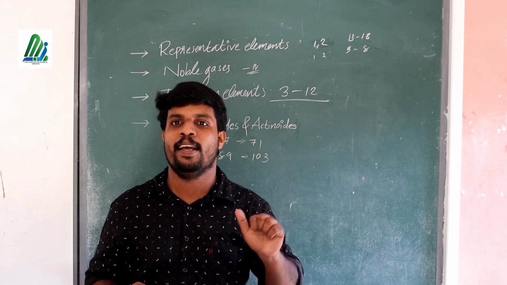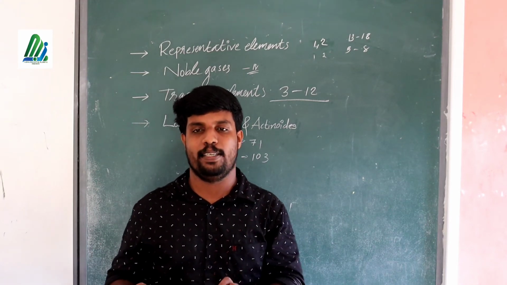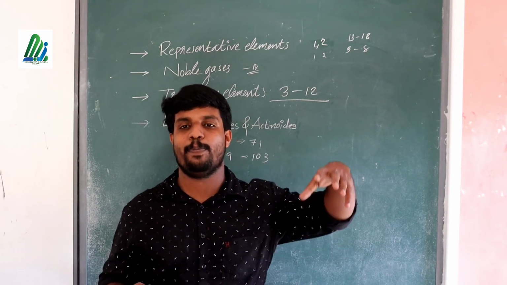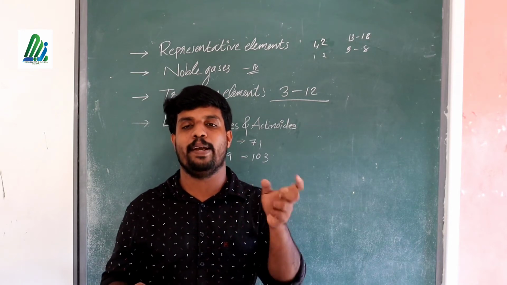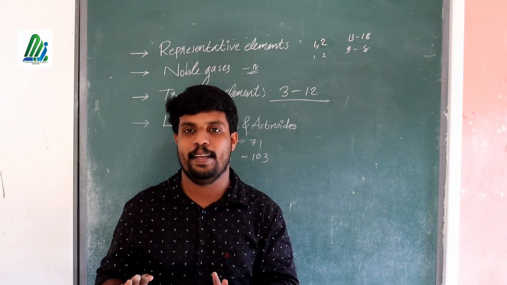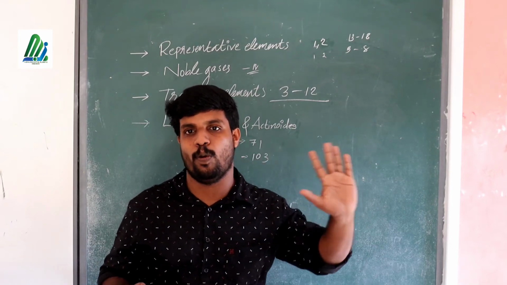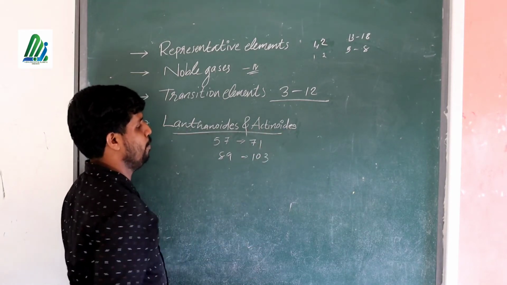They show variable oxidation states: plus 1, plus 2, plus 3, and some show plus 5, plus 7. So group number 3 to 12. The next one is lanthanoids.